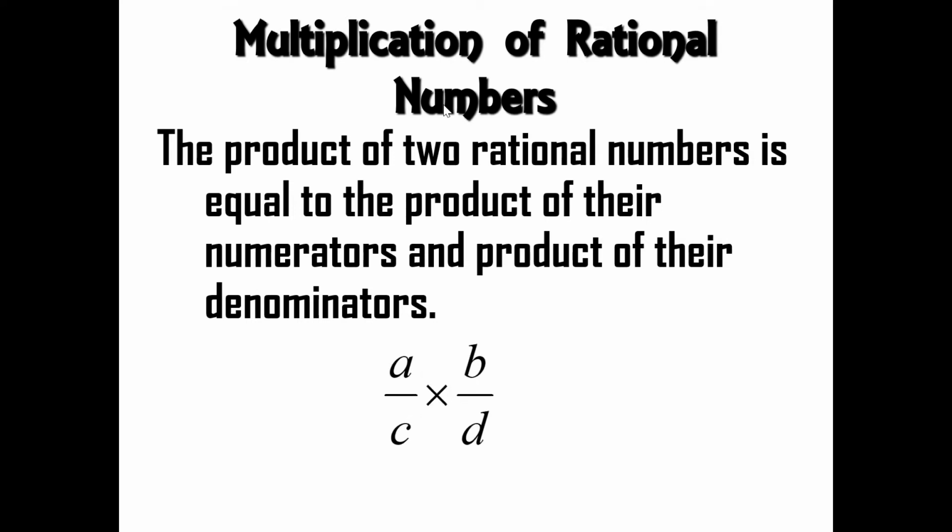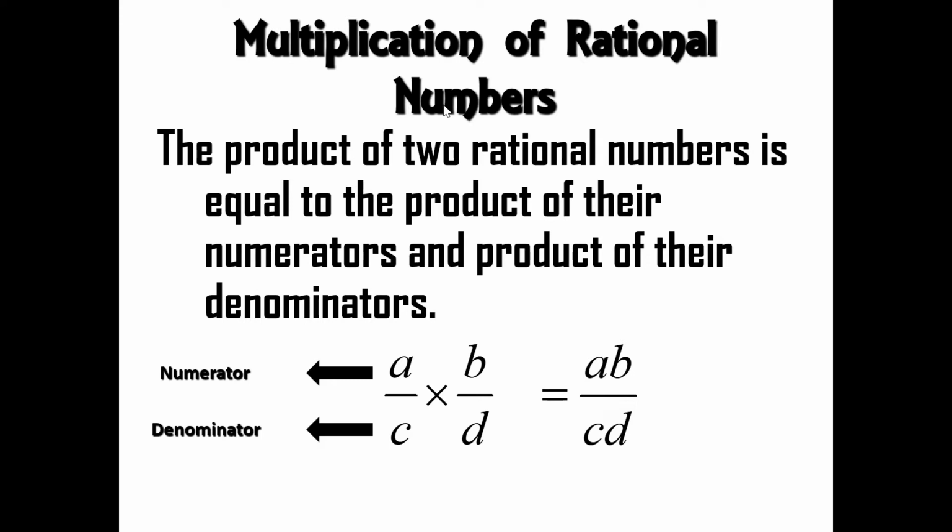A/C times B/D, wherein A and B are numerators and C and D are denominators, is equal to AB/CD. Bali yan po yung ating magiging gabay o guide sa pag-compute o pagsasagot ng multiplication of rational numbers.